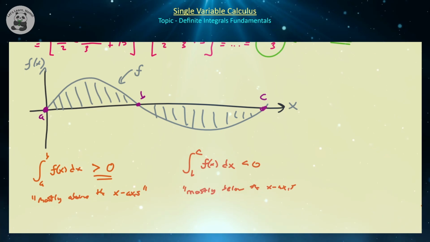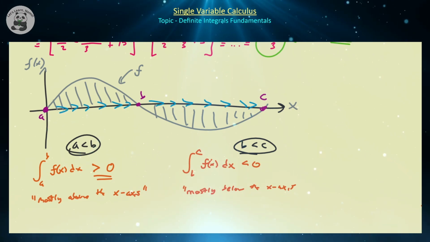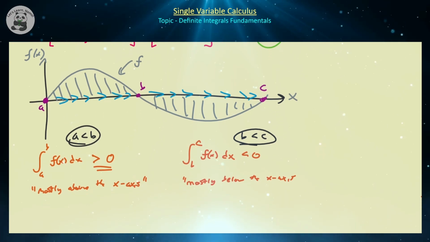Now there are some special cases, but in both of these cases, A must be less than B for this to be appropriate, and B must be less than C for this to be appropriate. So keep those subtle little things in mind, because we have to traverse across this x-axis from left to right in order for these interpretations to be accurate and also appropriate.